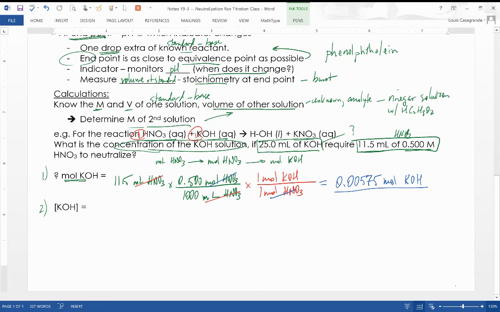Okay, but we're only halfway there. Well, actually, maybe 2/3 of the way there. Now, remember, if I want my concentration, remember that brackets mean concentration. That's the moles of the KOH divided by the volume, the liters of the KOH. So, what are my moles?